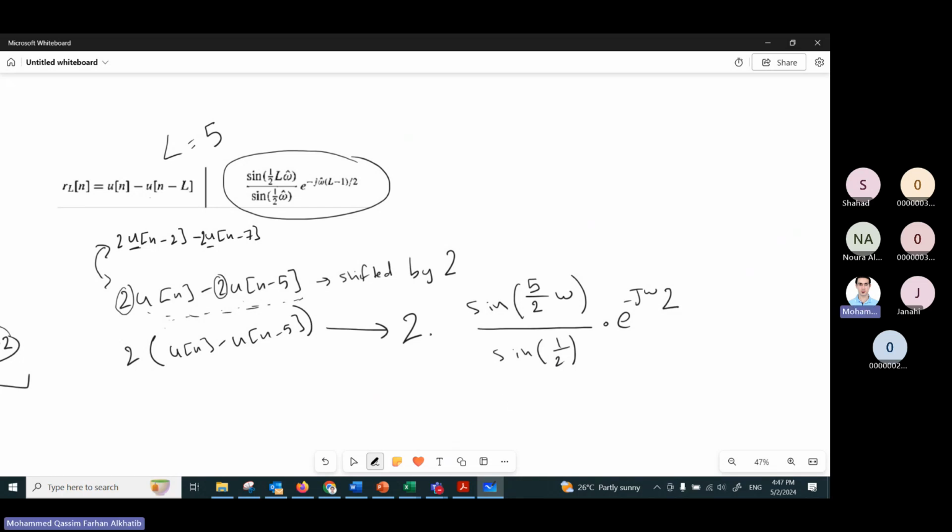Okay, so I found the DTFT for this. Now apply the shift by 2. Shifted by 2 will lead to multiplying by e to the power negative j omega 2.